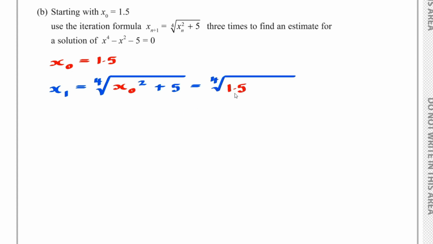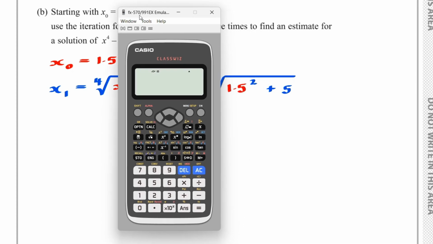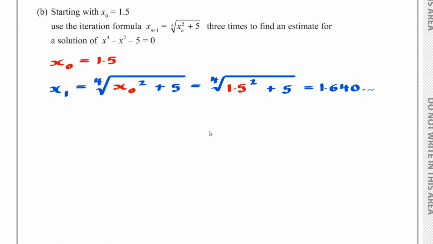So I've got the 4th root of 1.5 squared plus 5, and if I work this out, what we can do is type in the 1.5 and store this into the answer function. Then here we type in the 4th root of our answer squared plus 5. So working this out, I get 1.640, etc.